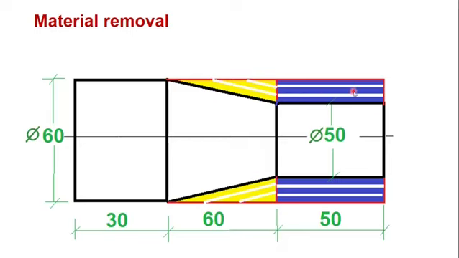Over a length of 50 millimeter we have to reduce the diameter to 50. We can take a depth of cut of 1 mm, 2 mm, and go on removing radially until we achieve 50 millimeter. Next, over the diameter of 60 millimeter we have to do taper turning like this, so that we can achieve these angles.